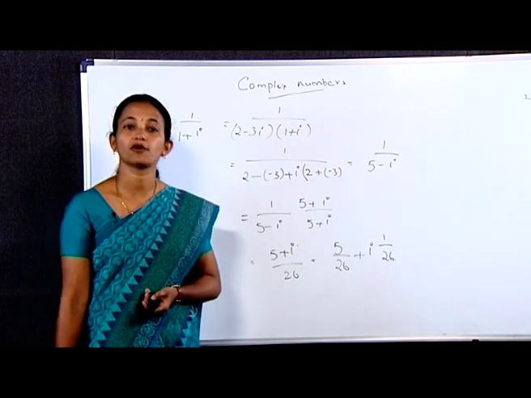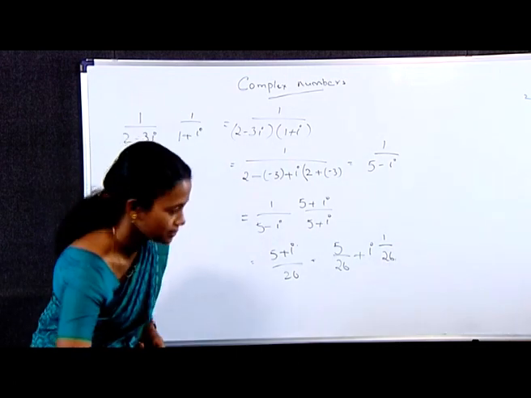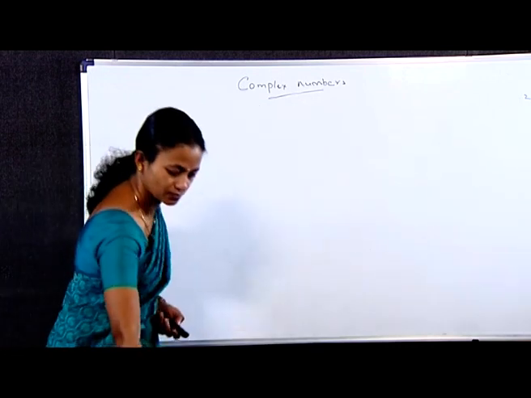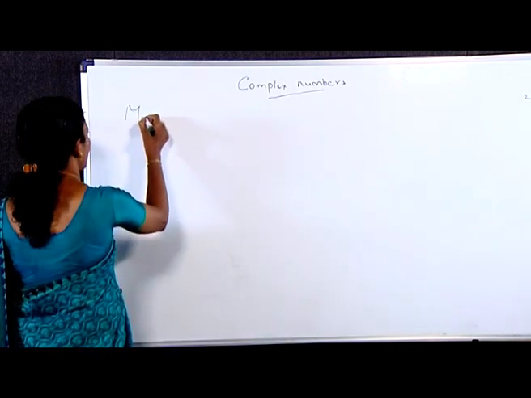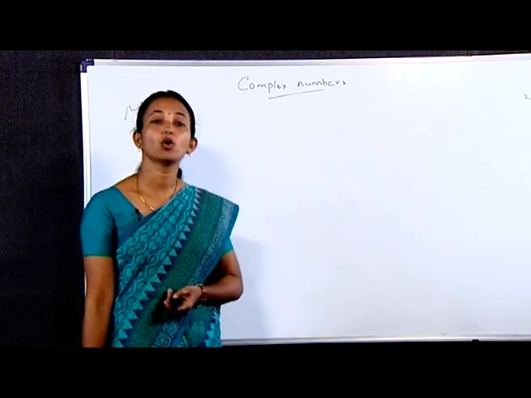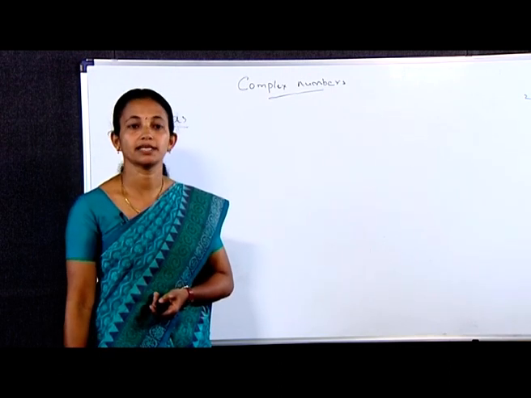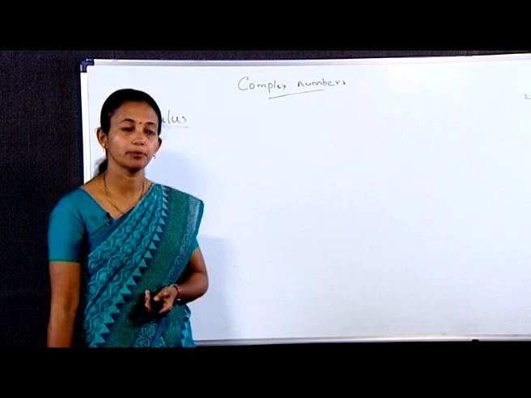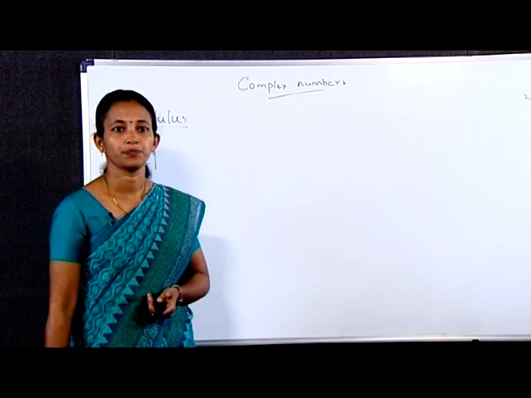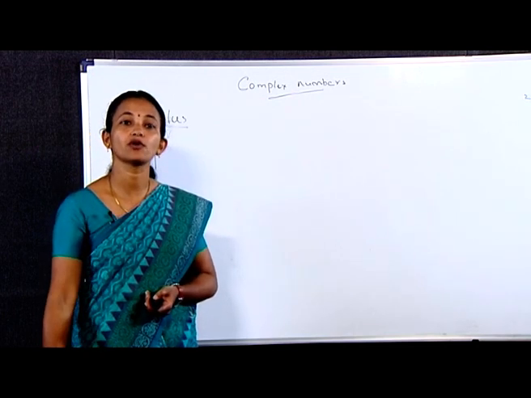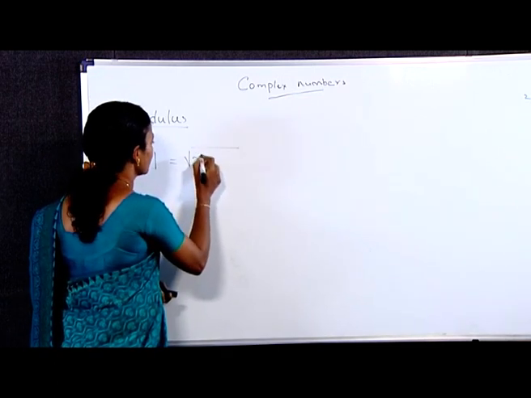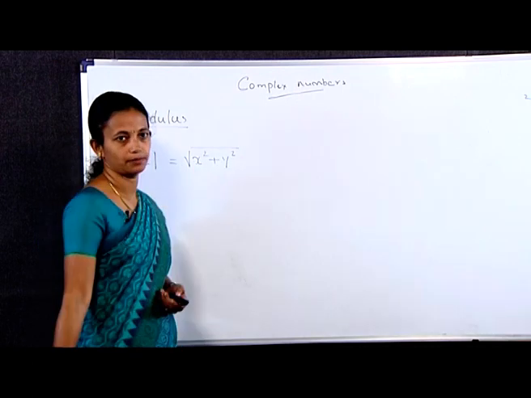Next we have the modulus of a complex number and its properties. Modulus: the modulus of a complex number z = x + iy is denoted by mod z and is mod z = square root of x square plus y square.